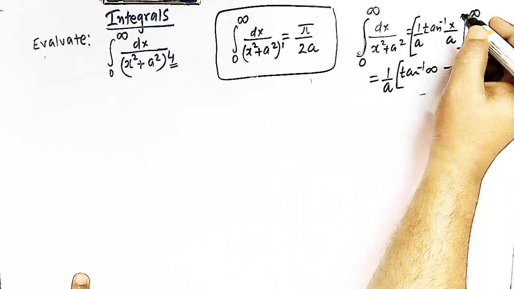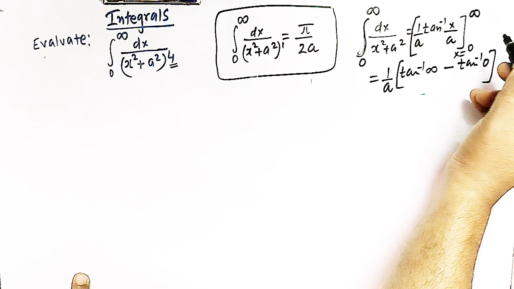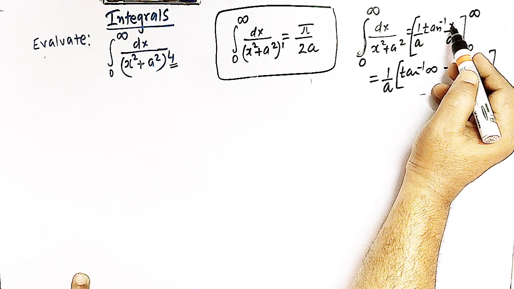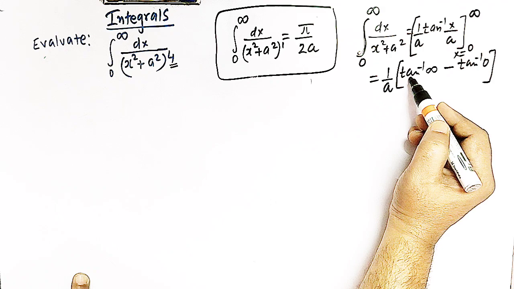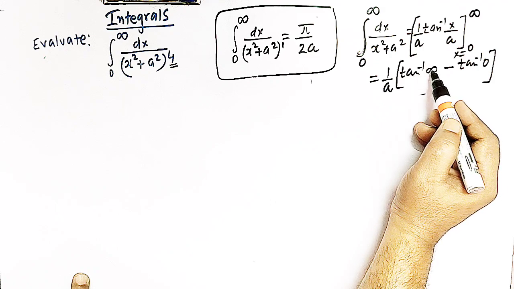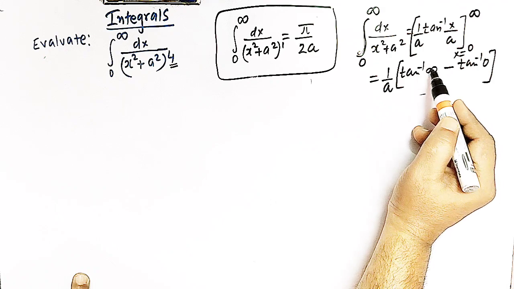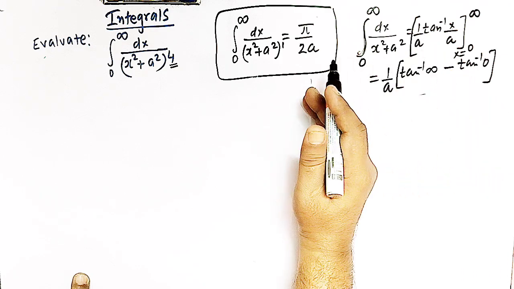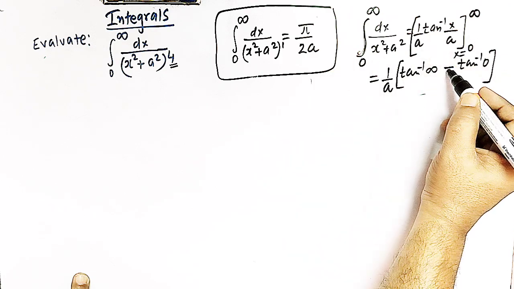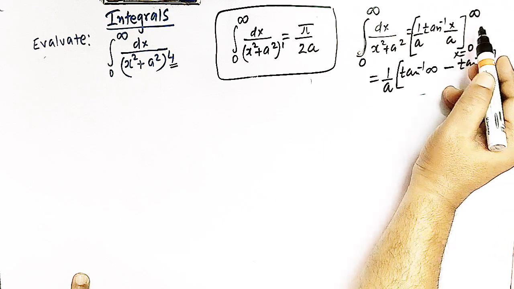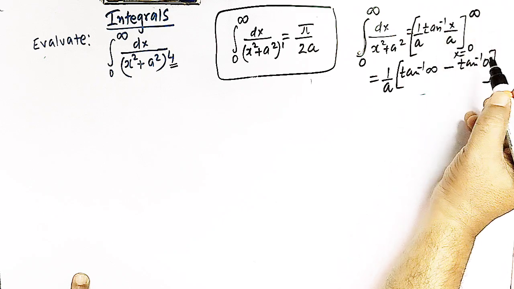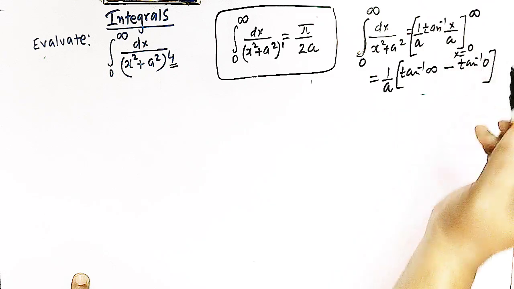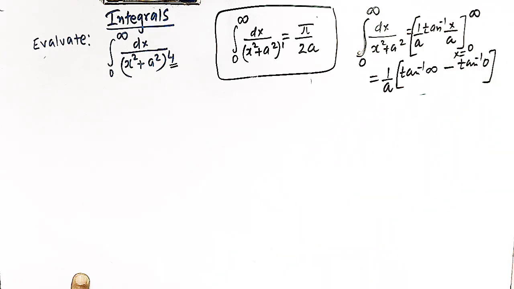So what we have done here, we have the limits from 0 to infinity. First we have taken x tending to infinity, so here we have tan inverse infinity over a, and we have taken 1 over a outside this expression, and then x is equal to 0, so that we have tan inverse 0 over a, that is equal to 0, right?